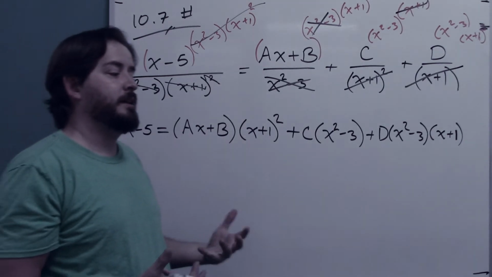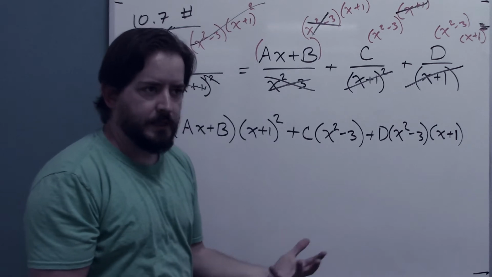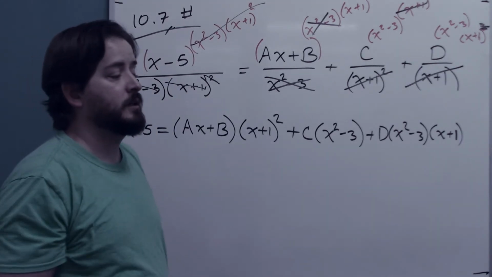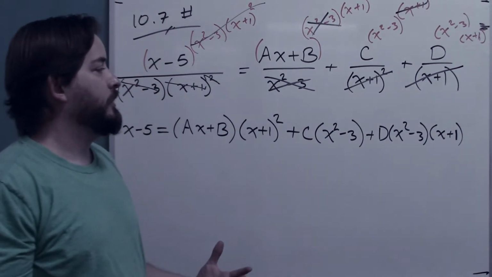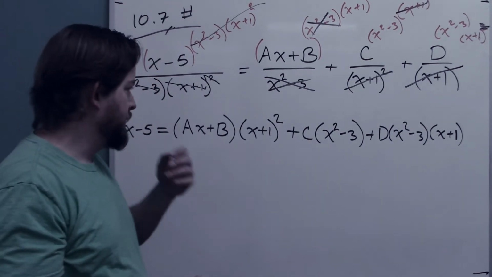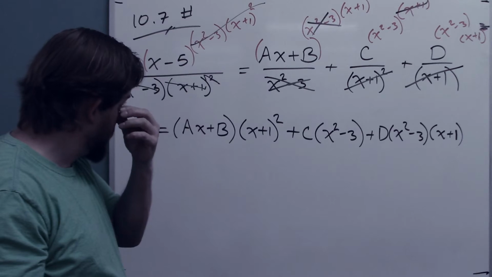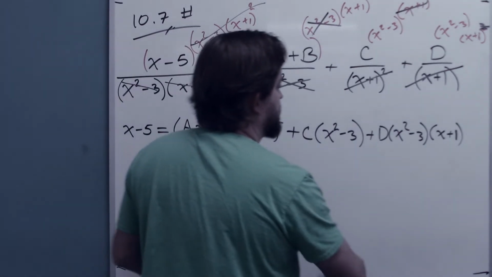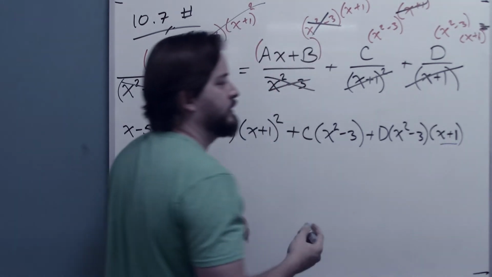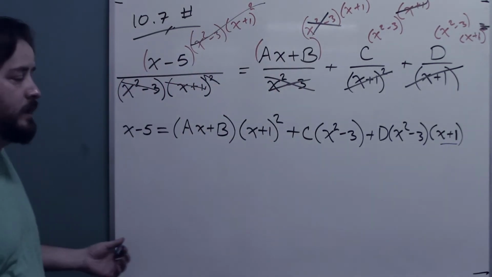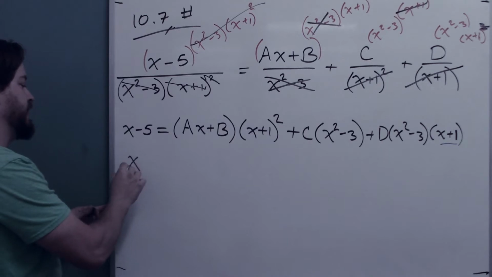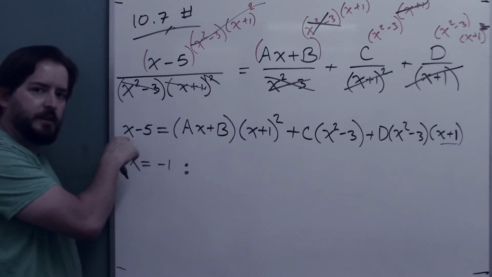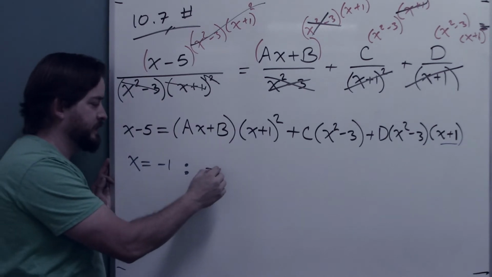So I'm going to abandon that nice convenient value of x that we had that was so nice in number 1, because it's going to turn out not great for us, right? So I'm not going to completely abandon it though. I'm going to start down that road because I do have a good, nice value, what happens when x is negative 1, right? So if I say x is negative 1, what happens? On the left-hand side here, I get negative 1 minus 5 is negative 6.